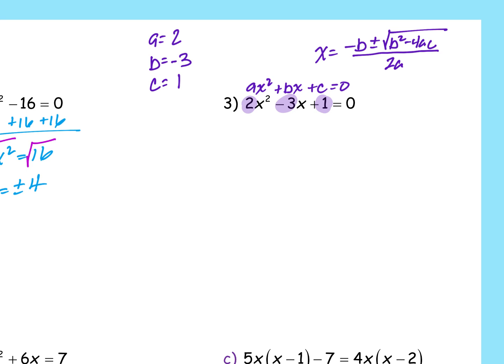And now I'm just going to plug it in. So I've got x is going to equal negative b plus or minus the square root of b squared minus 4 times a times c, all divided by 2a.